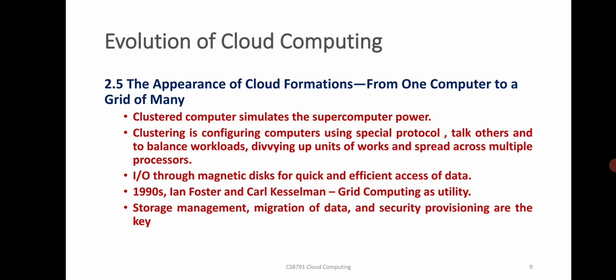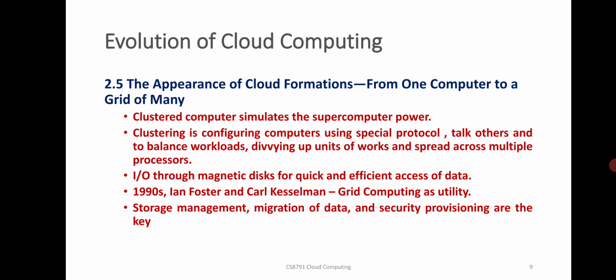Next thing is the appearance of cloud formation from one computer to many. Clustered computers simulate the supercomputer power. Clustering is configuring computers using special protocol, tag others, and balanced workload, dividing up units of work and spread across multiple processors.